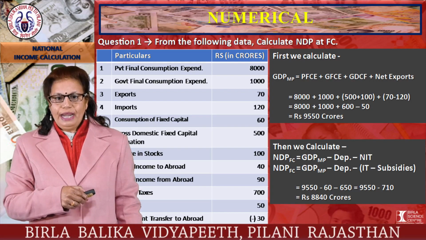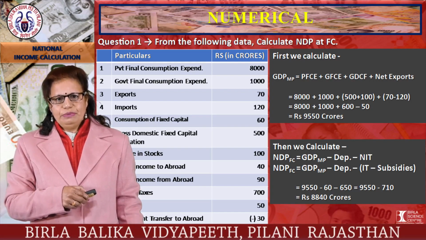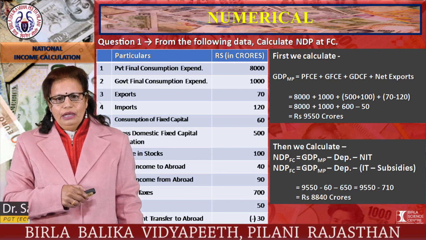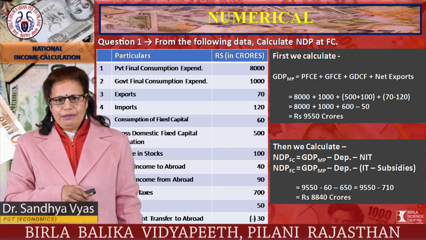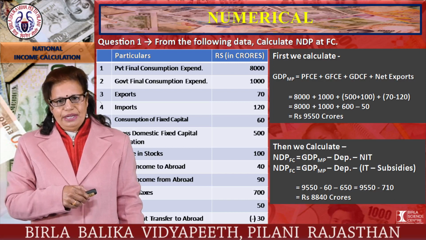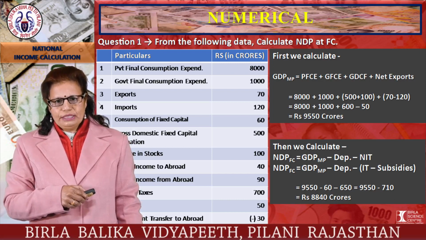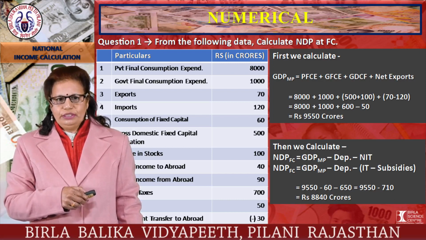Then we have to calculate NDP at factor cost, which is asked in the numerical. We have already calculated GDP at market price. So GDP at market price minus depreciation minus NIT, and we get NDP at factor cost, that is rupees 8,840 crores.